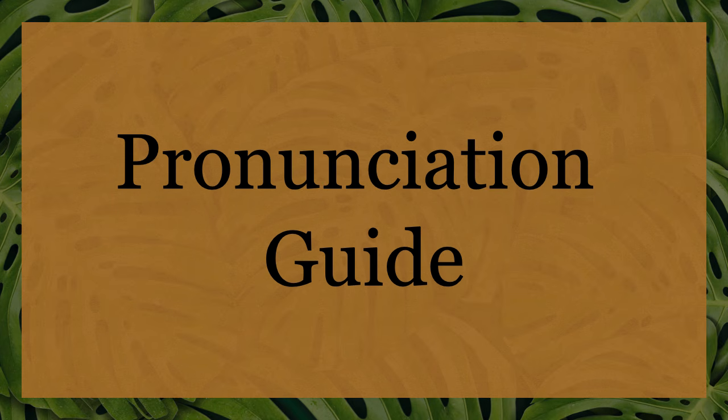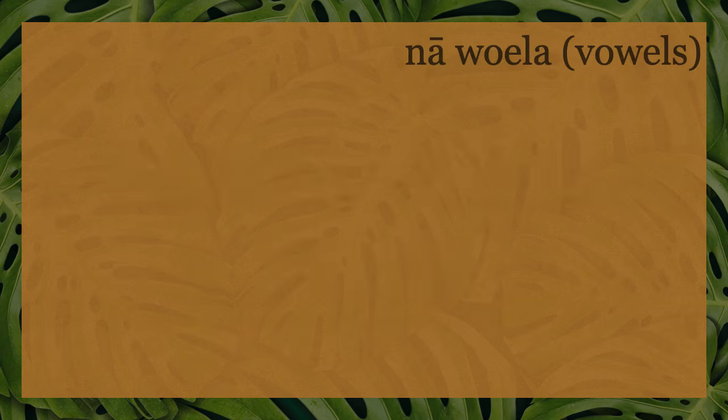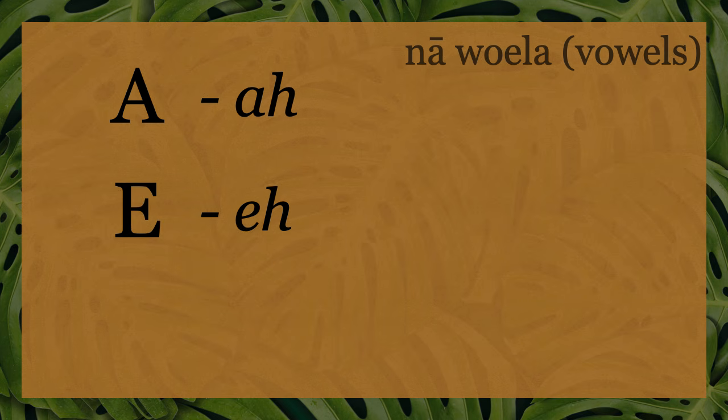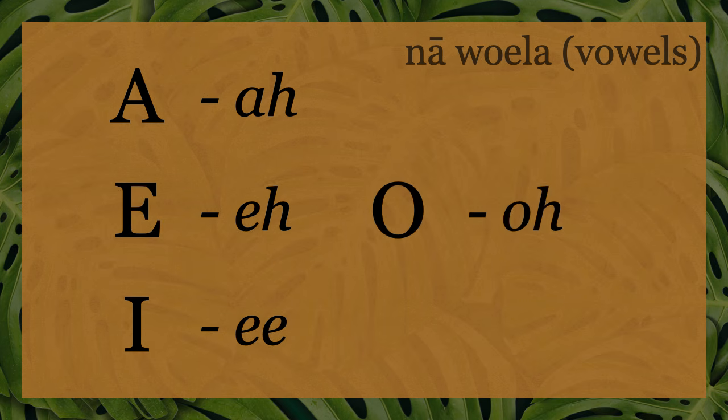Now let's look at the pronunciation. We already learned the vowels, but let's review them again. A, e, i, o, u. Do you hear that these are very pure sounds to the vowels with no diphthongs or gliding?